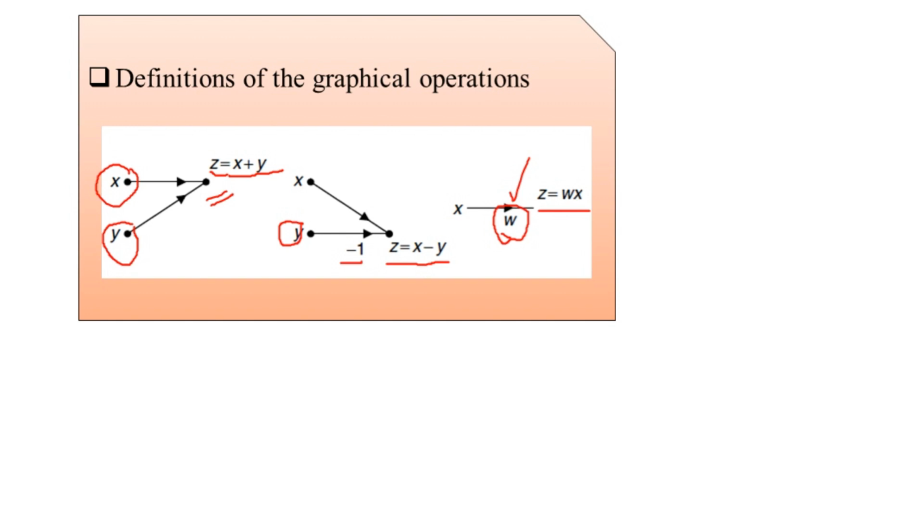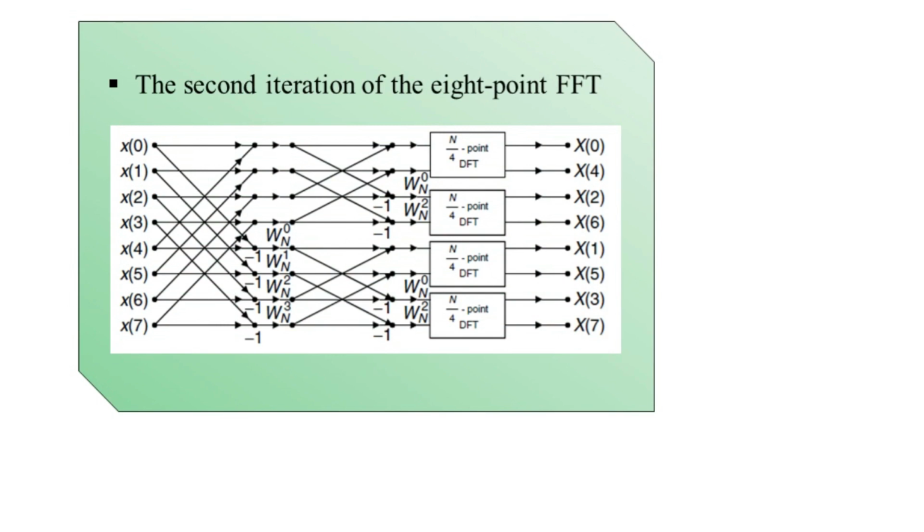So for the first iteration we have shown the result. Now the second part can also be continued here. Hence the second iteration for the same 8 point fast Fourier transformation FFT can be continued in this manner here. After the first iteration, the second iteration again has the computation where we again make half points.